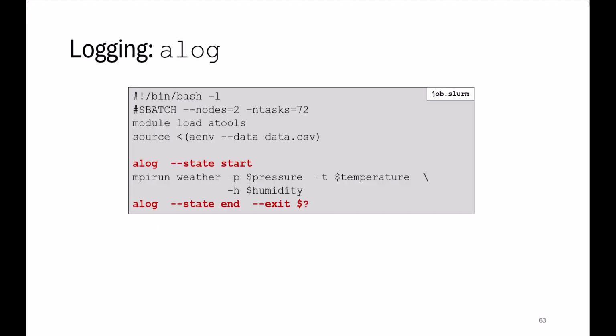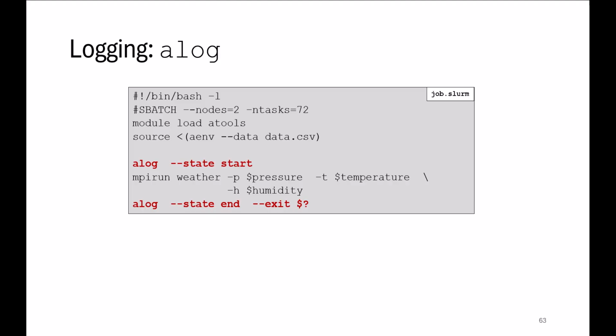So how does it work? Again, it uses a small tool called alog, which is of course part of atools. Before you start the actual work in this particular task, in this case the MPI run for weather, you use alog --state start. This will insert an entry in the log file that indicates that this particular task has started.